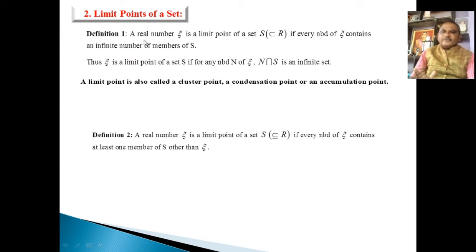This is the first definition, and the second definition of the limit point: a real number xi is a limit point of the set S if every neighborhood of xi contains at least one member of S other than xi.